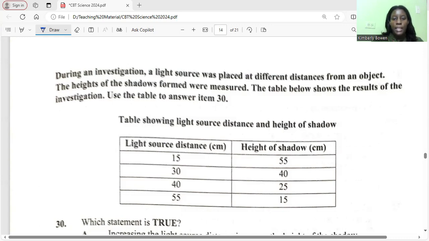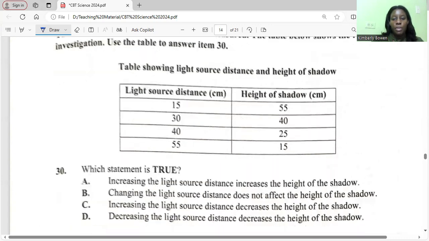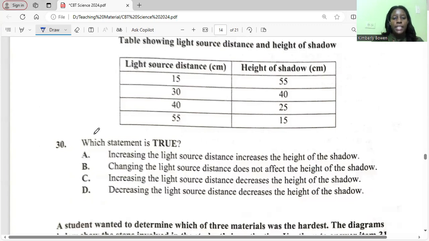All right, so I'm seeing a pattern. Hope you are as well. It says which statement is true. Increasing the light source distance increases the height of the shadow. No, I'm not seeing that. Changing the light source distance does not affect the height of the shadow. The height of the shadow is affected, so that is also not correct.